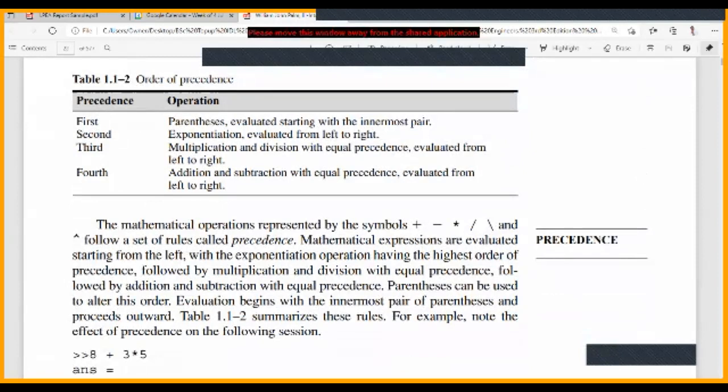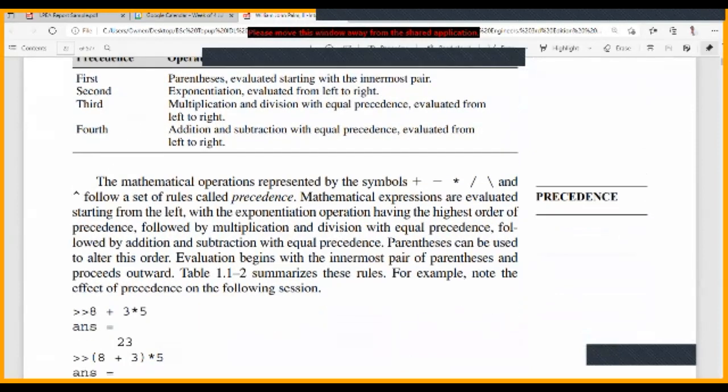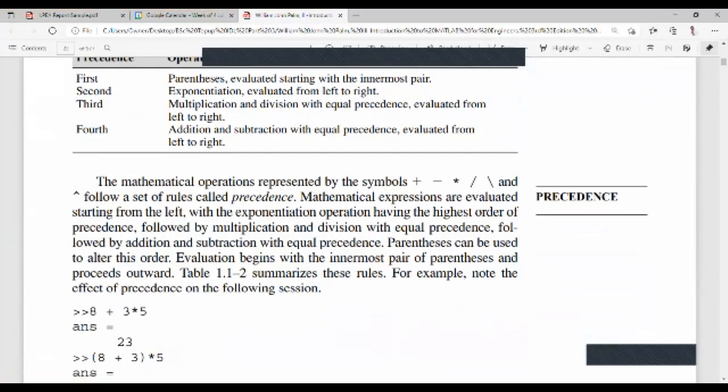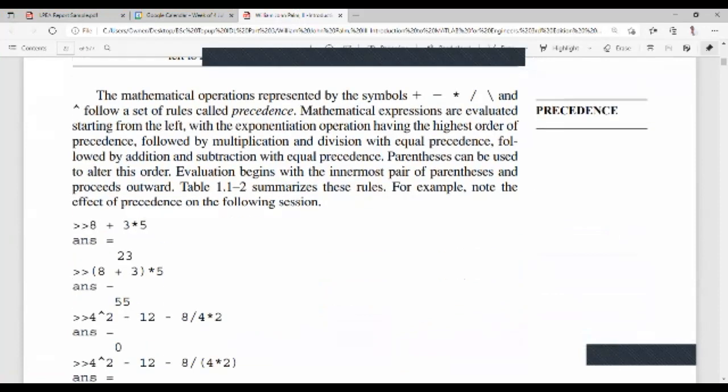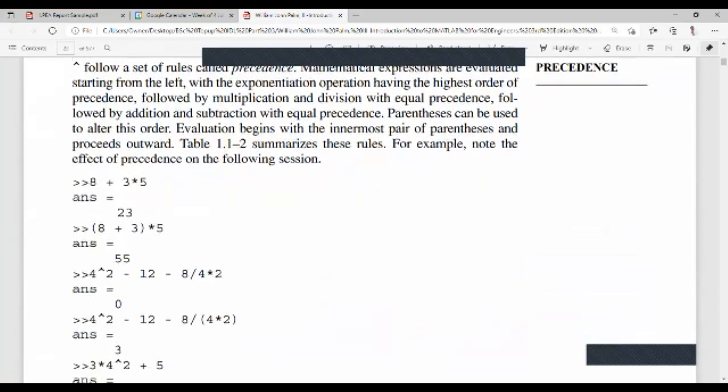Parenthesis. Second and third is explaining parenthesis. Okay. So let's see if he has done some examples. So here is using parenthesis. If you check here, it will do the bracket first.